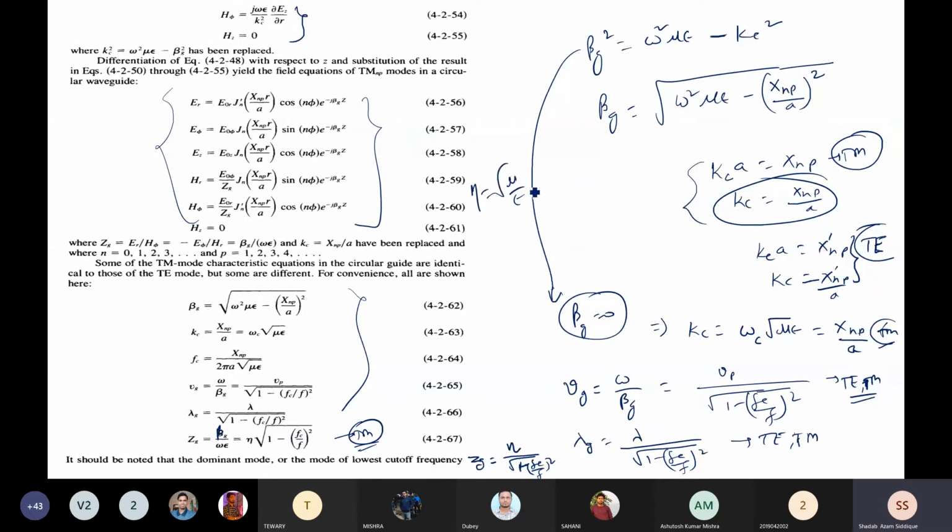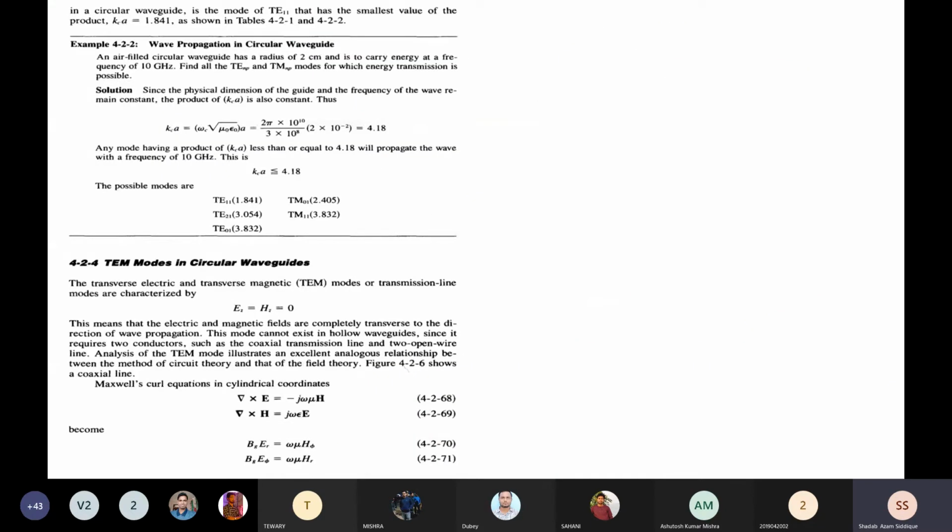For a lossless dielectric, or free space, eta can be written as 120 pi, that is the square root of mu naught by epsilon naught. So you can go through these formulas and find this.